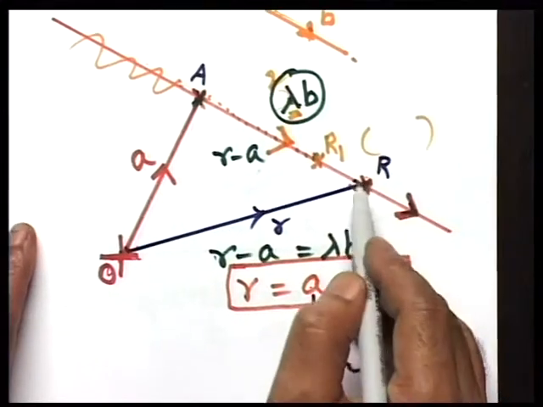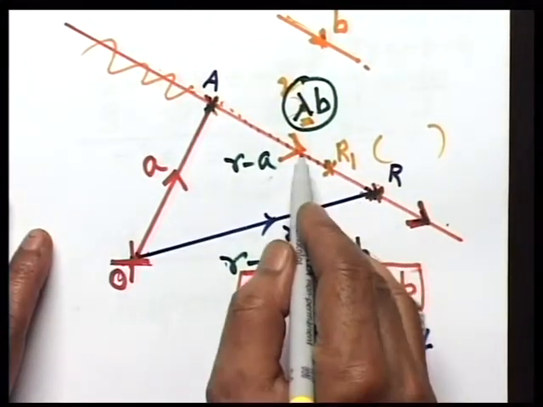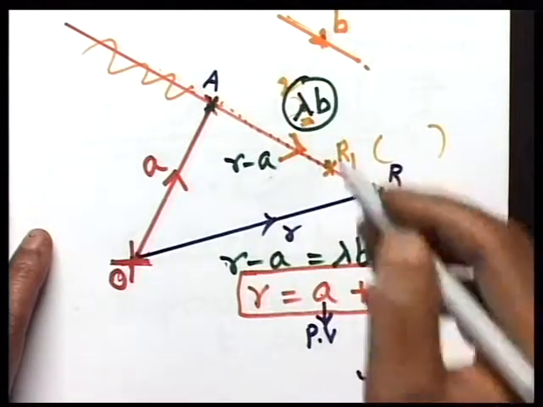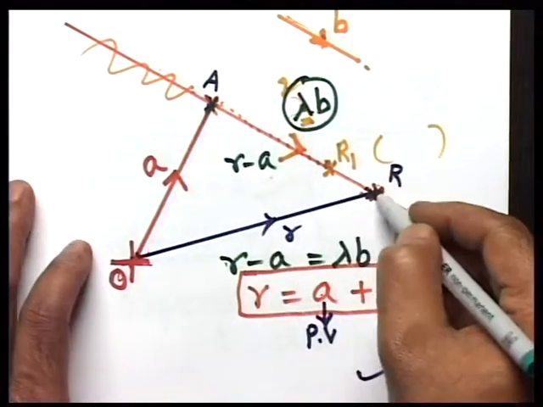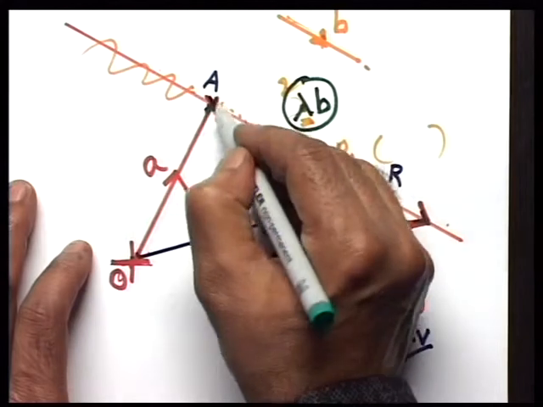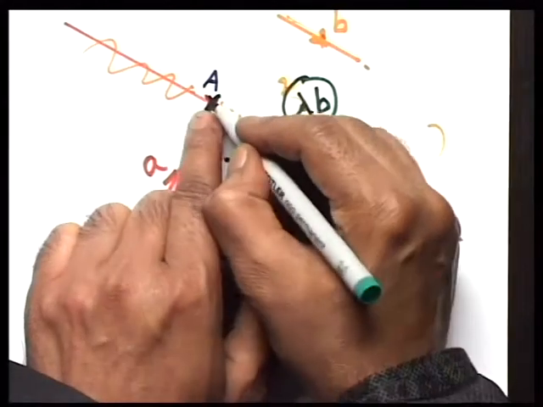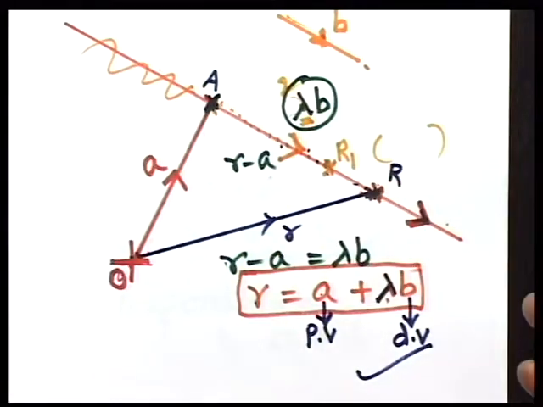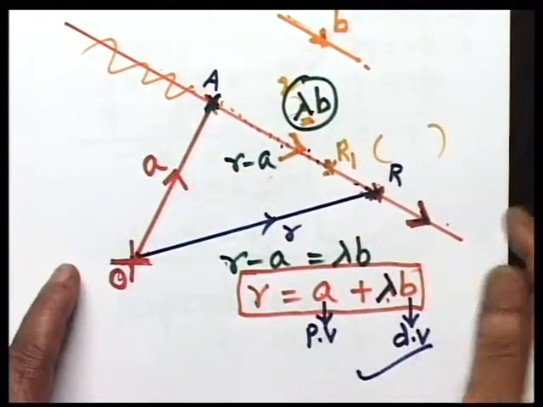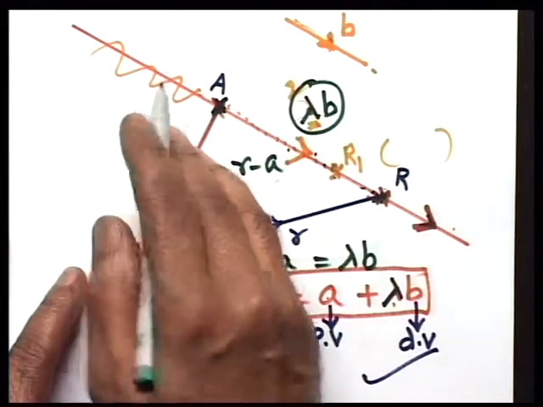It will increase if it moves on that side. If it goes there, it will decrease. The most important thing now: what happens if R lands on A? R moves slowly, so the lambda value goes down, comes there, then it's 0. Lambda becomes 0. If it goes on that side, maybe it becomes negative, right?